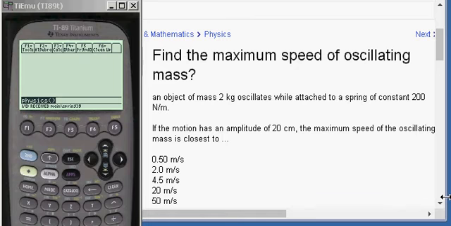So let's do it. Now all problems have what you have to write on the side of your paper, like for instance on this problem here you'd put mass equals 2 kilograms, k equals 200 Newtons per meter, and amplitude A equals 20 centimeters. I do the conversions for you.